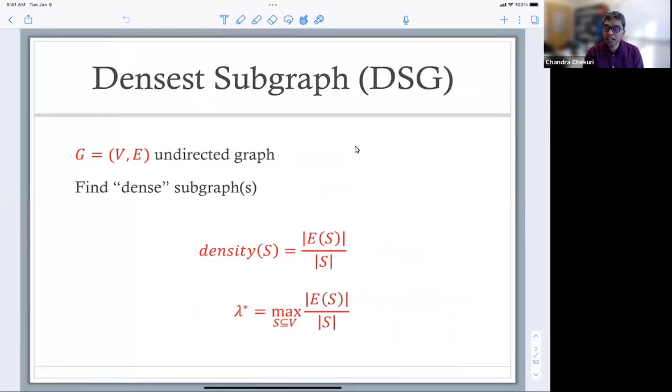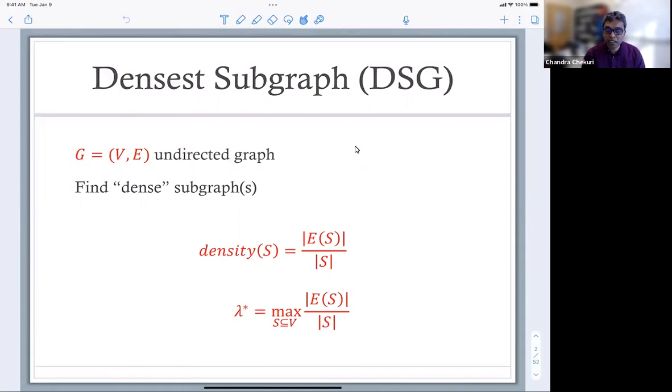So let me start by defining the problem that I'm going to focus on for the most part. This is what's called the densest subgraph problem. The input is just an undirected graph. I'm not going to work in the weighted case for simplicity, just a simple undirected graph. The goal is to find some notion of a dense subgraph.